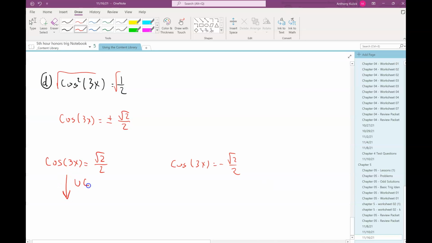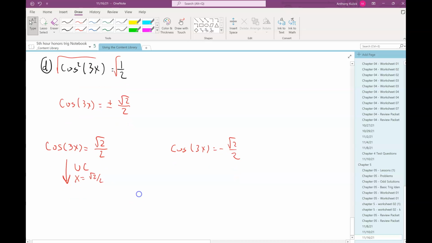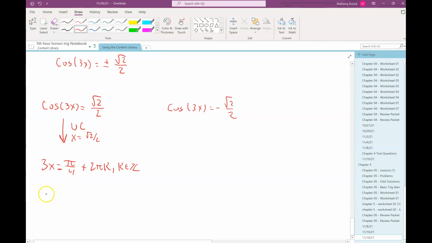So I'm going to go to the unit circle and look for where the x-coordinate is root 2 over 2. That happens at pi over 4 plus 2 pi k. And then also again at 7 pi over 4.